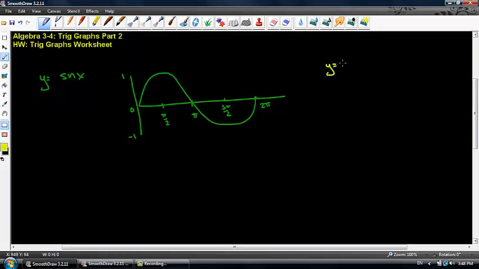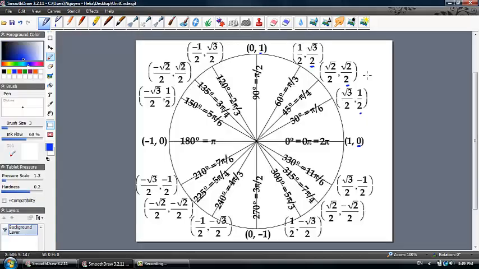If we look at y equals cosecant of x, well, cosecant is really 1 over sine of x, right? So we can literally take all of our sine values on the unit circle and flip them upside down because cosecant is the reciprocal of sine. So rather than being 1/2 at pi over 6, it now equals 2 over 1.